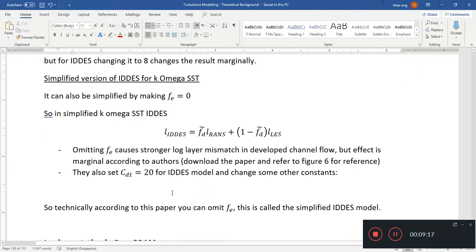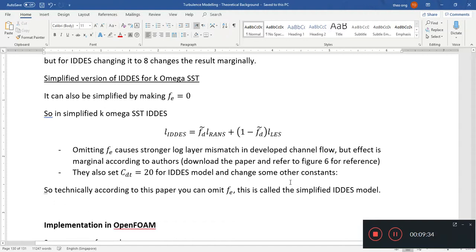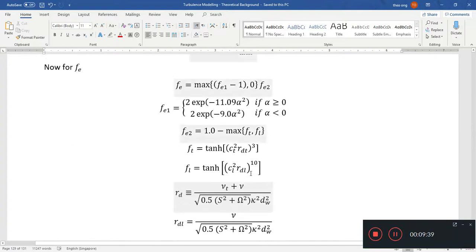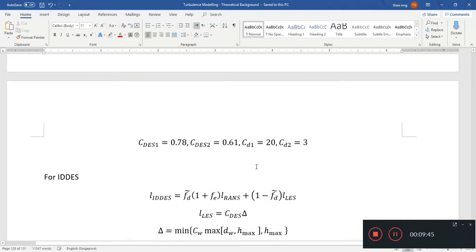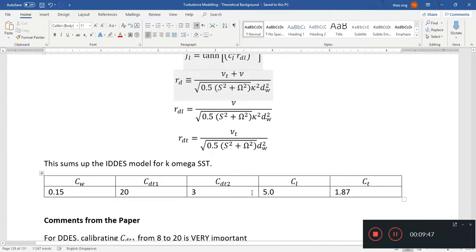Okay, yeah. So again, CDT is set to 20, everything else is the same. So they found out that technically you can omit FE, and this is called the Simplified IDDES model. All right, so after you know what DDES and IDDES are in the Spalart-Allmaras case, jumping to the K omega SST case is relatively trivial.